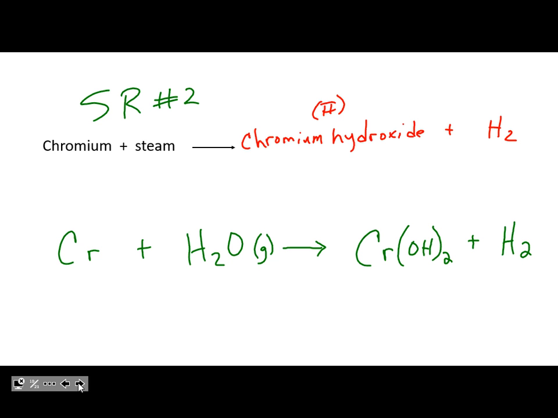Once again, my hydrogen gas is diatomic, so I'm going to need to do some balancing. And since I picked chromium 2, this is going to balance pretty easily because all I need to do is put a 2 right here. Now I have 4 hydrogens and I have 2 oxygens, and that balances out my chemical equation. Now, if you would have put chromium 3 hydroxide, would you have been wrong? No, you could have used chromium 3.